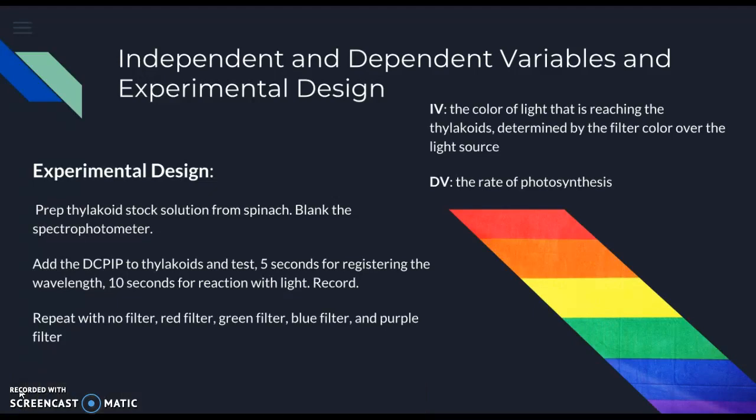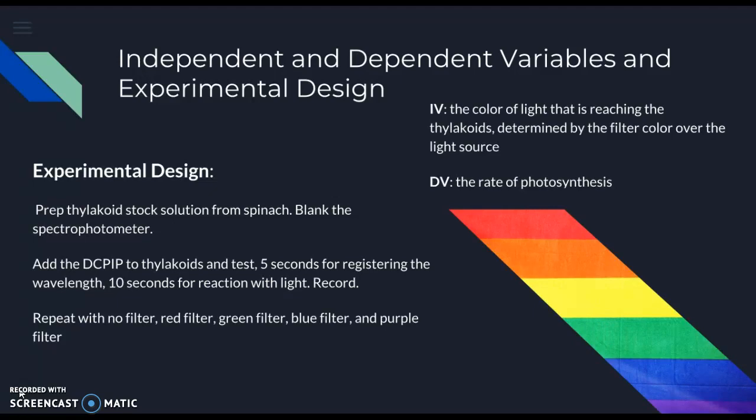And so we determined that the light intensity should be set at 64 micromoles. Every time we used a different filter, we had to blank the instrument once more using the blank that we had prepared.